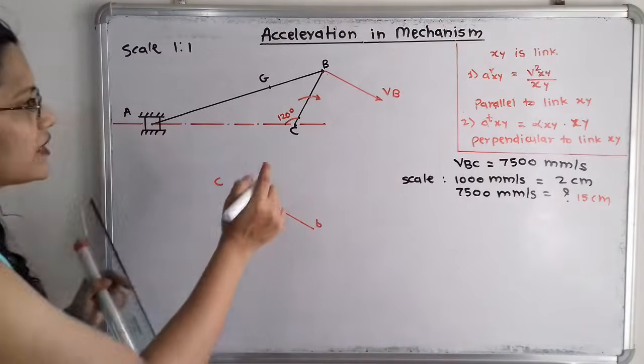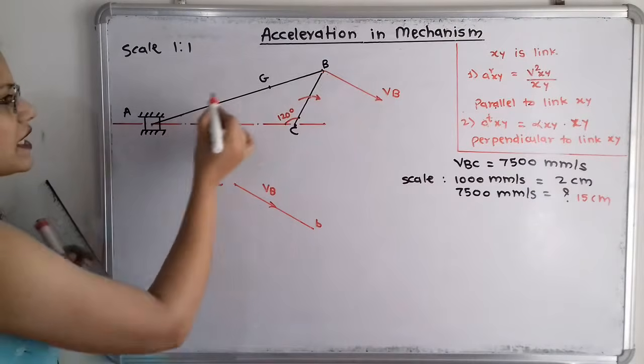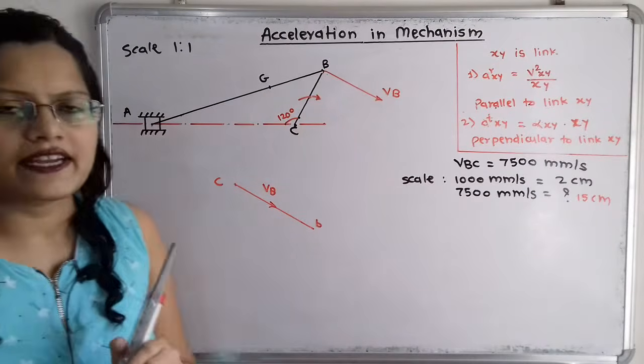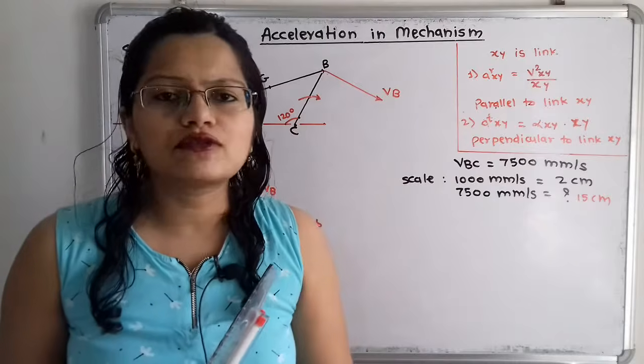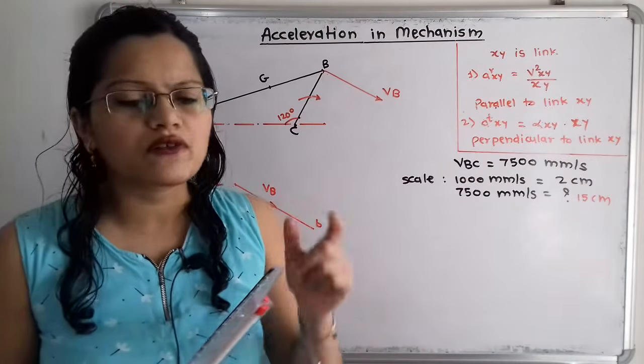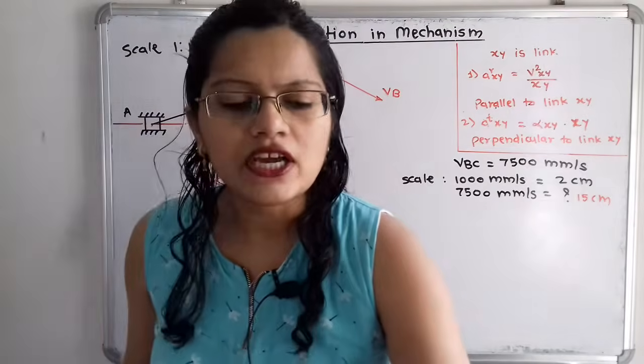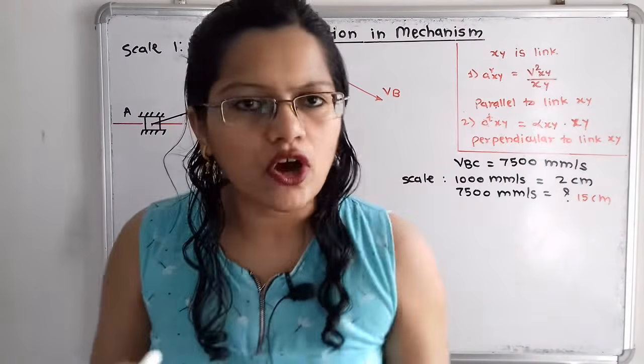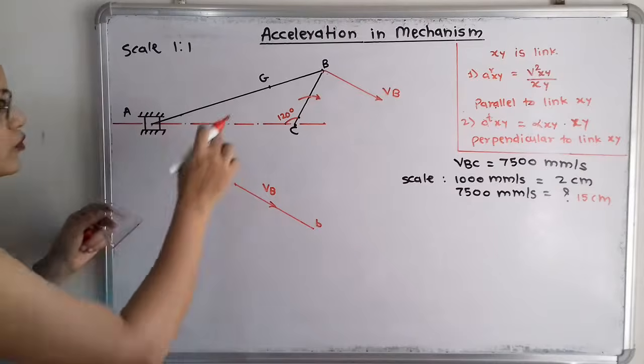Now next we know that with this point P there is the link BA that is getting attached. Now we have to draw the velocity. Its magnitude is not known, but what is the direction of velocity? So we know that the velocity is always in perpendicular direction to this link.